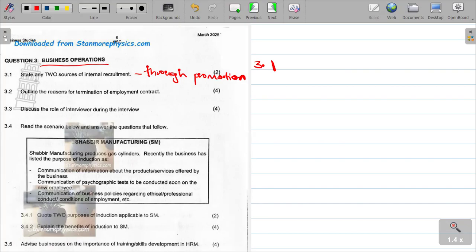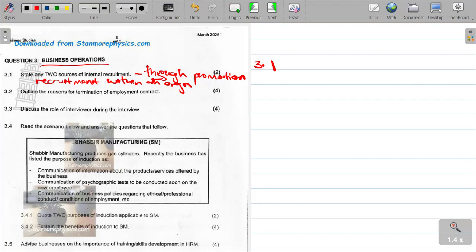It is done through promotion. For example, a general employee is promoted to a supervisor position, which is vacant. That's what we call internal recruitment, right?